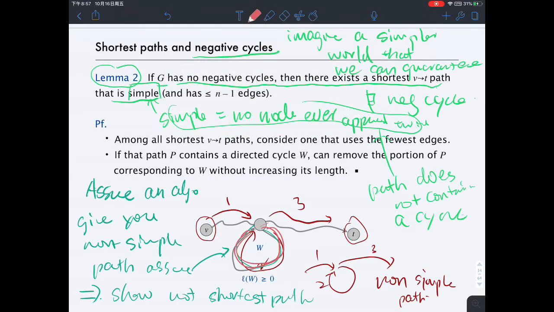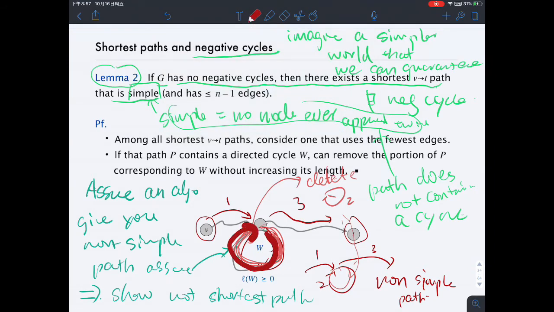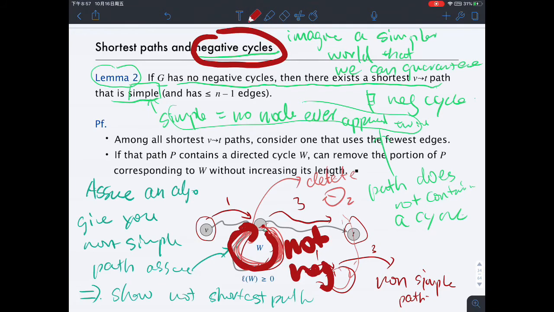How can we show that? It's really very intuitive. You can just delete the entire cycle over here, delete the second step over here. Why is that? Because this is a cycle, and we know that the cycle here is not negative.